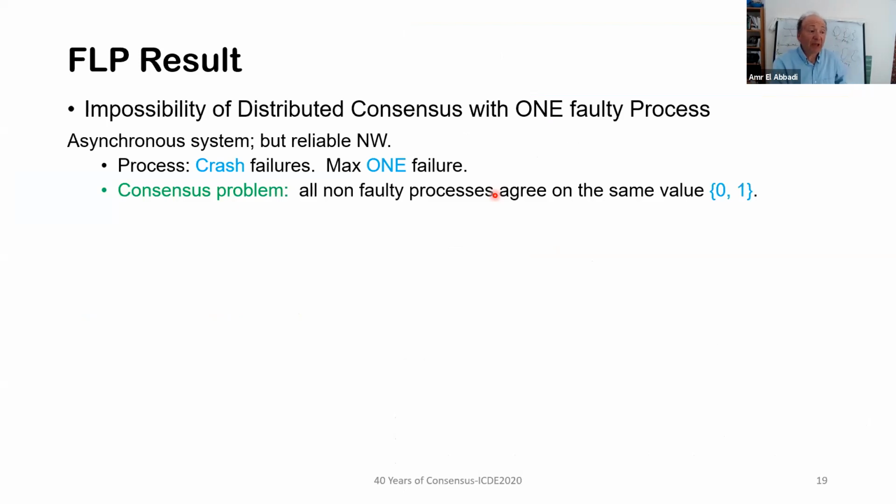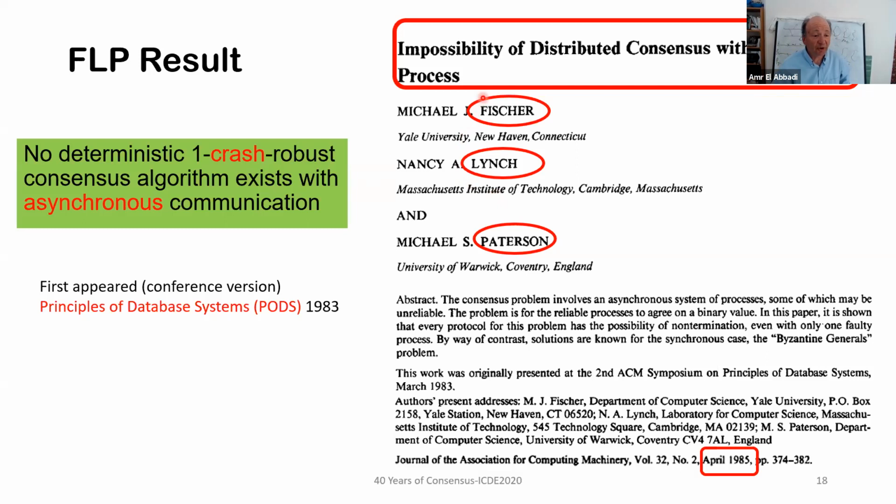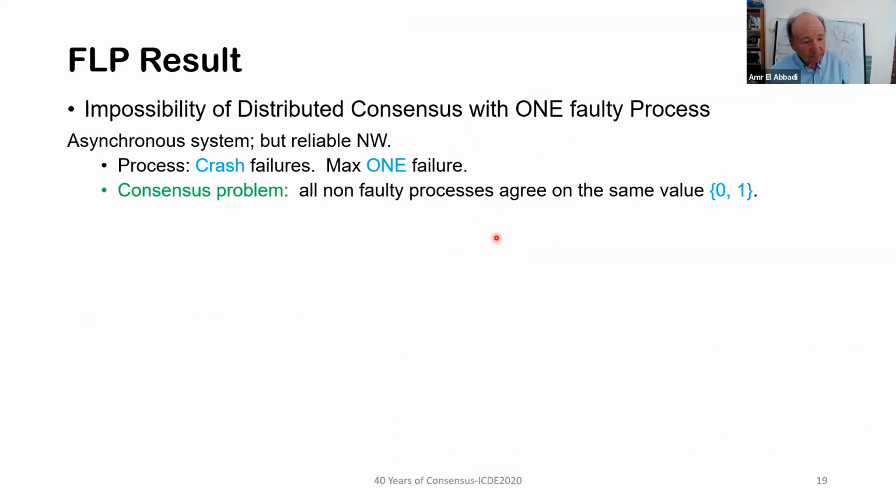So basically the result is known by the initials of the three authors, Fischer, Nancy Lynch, and Mike Paterson. The impossibility is actually a very negative result, because it tells me that even if I have the most benign type of failure, crash, and even if I'm guaranteed by the infrastructure that at most one process is going to fail, at most one, and even if the network is reliable, if I'm in an asynchronous system, and this is critical actually, the asynchrony here is very important.